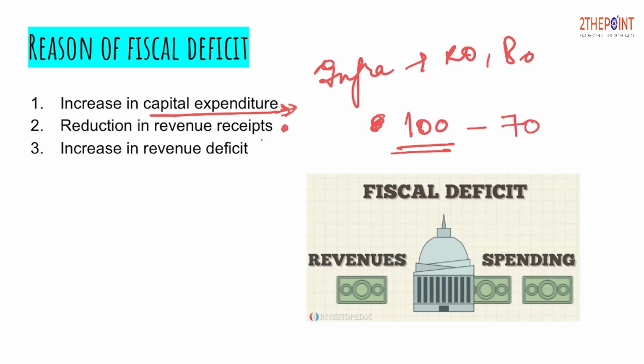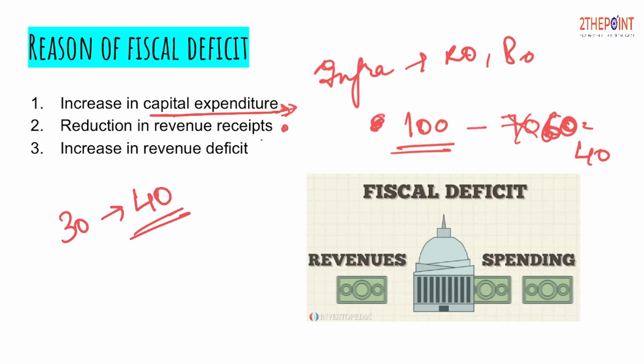Now all of a sudden your revenue receipts go down to 60. Now the outcome is 40. Earlier where your fiscal deficit was 30, now it has increased to 40, and the reason is that the revenue receipts collection is low.